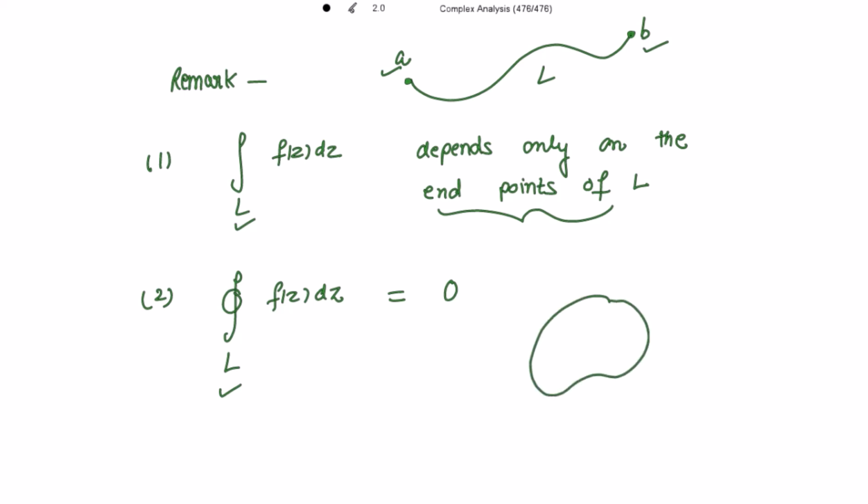If this is the contour L, then the line integral of f(z) over the closed curve is 0, right? So this is all about the properties of the complex integral.